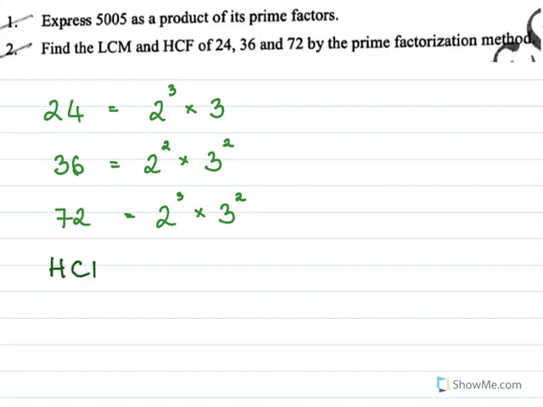Now to find the HCF, we write the common factors, and these are common factors. There is 2 in all 3 and there is 3 also, and we write the lowest power.